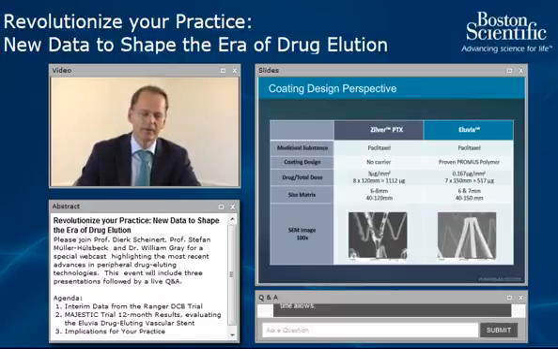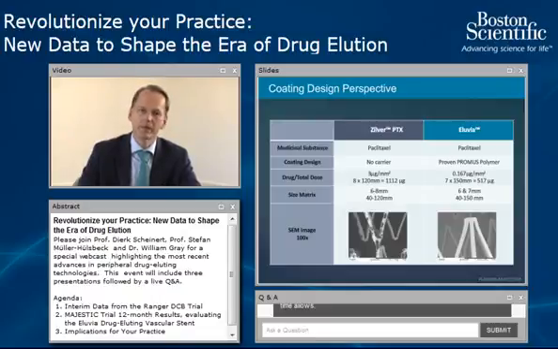The Silver PTX has a drug dose of 3 micrograms per square millimeter, whereas the Eluvia stent has 0.1657 micrograms per square millimeter. The size matrix is quite similar, but I want to highlight that the stent length of the Eluvia system is, with 150 millimeter, 30 millimeter longer than the Silver PTX size matrix in terms of length.